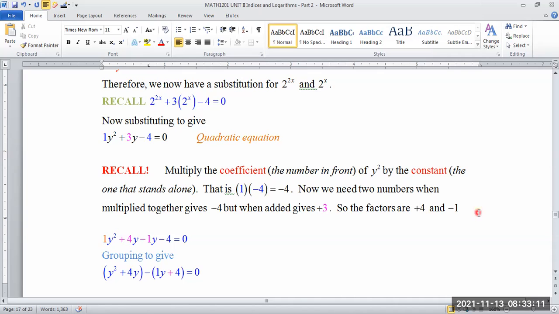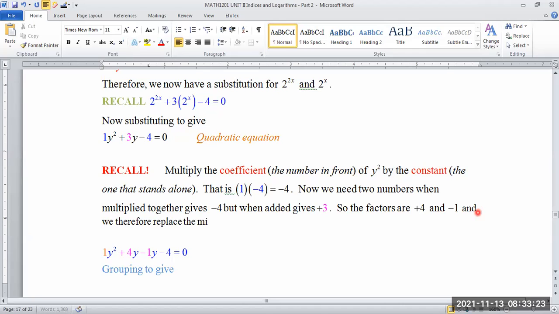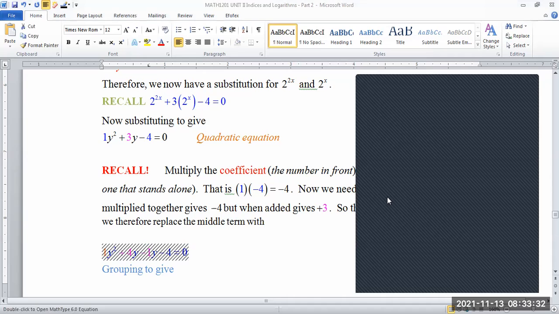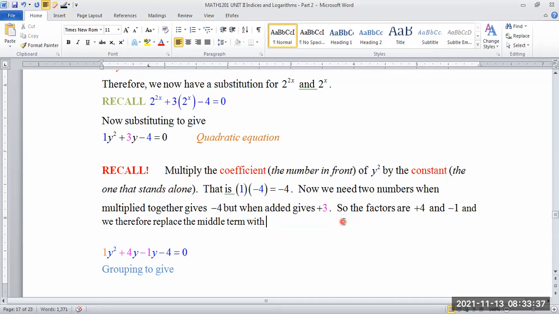The factors are following, and we therefore replace the middle term with +4y and the -1y. I'm doing this so that you can understand what I'm separating. That's what we're doing, right? I'm replacing the middle term 3y with +4y and -1y.